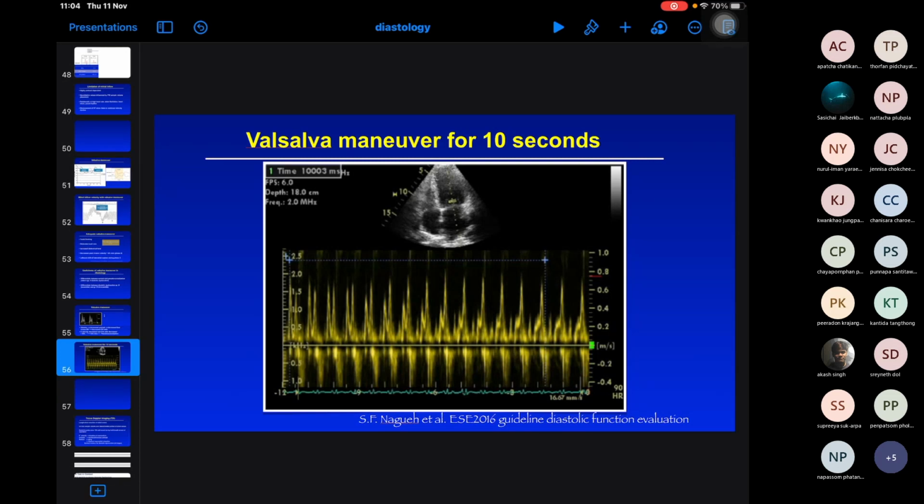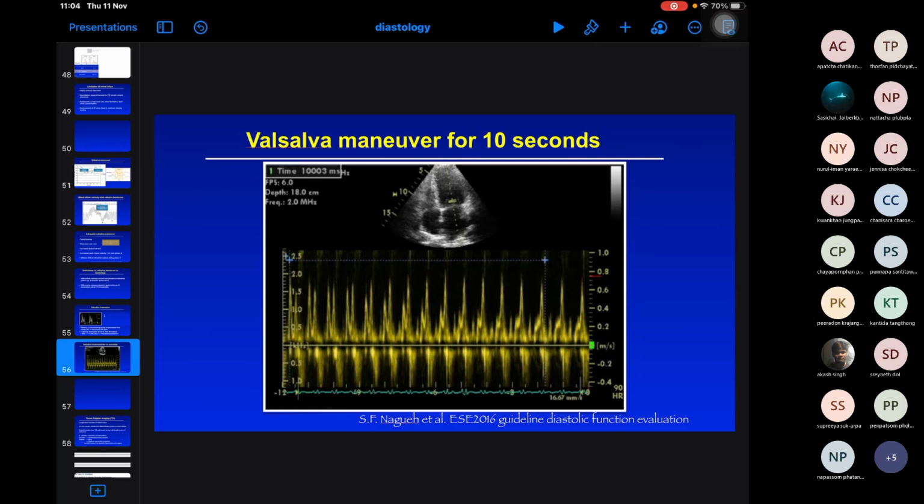The main concept of the Valsalva maneuver is increased intrathoracic pressure. Then the blood return back to the heart is decreased. The volume back to the heart decreased. So the E velocity should be decreased a little in the normal patient.